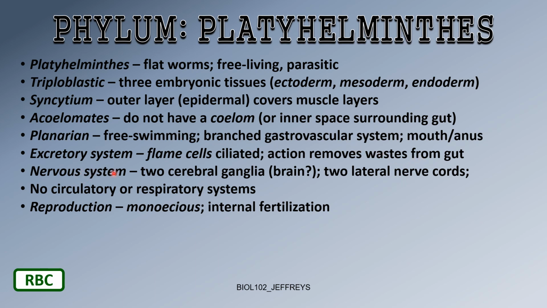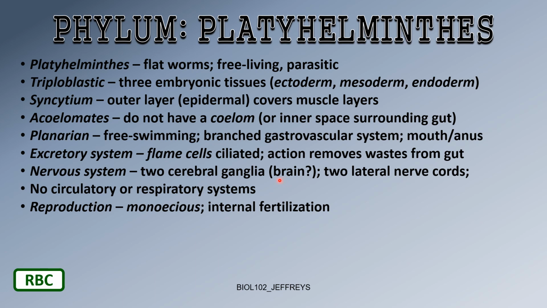All right, nervous system. 2 cerebral ganglia. Notice in parentheses I have brain with a question mark. In some sources you'll read, or if you watch a video, it'll say brain. But it's not a brain as you and I know brains. It's not a sophisticated thinking, planning brain like higher animals have.